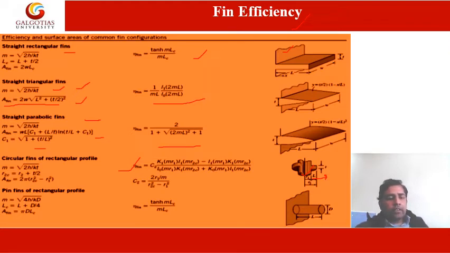Then, if the shape is like this, it is called a pin fin, and this is the relationship. The only difference is that the area of the fin will be calculated differently. Otherwise, the straight rectangular fin and the plane fin of rectangular profile have the same relationship; the only difference is how Lc, the effective length, and the area of the fin are calculated.